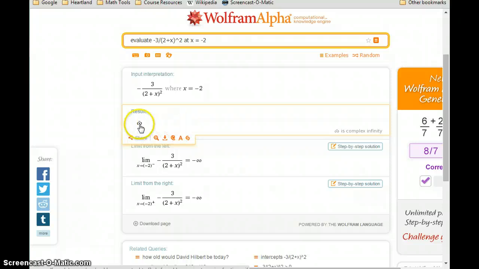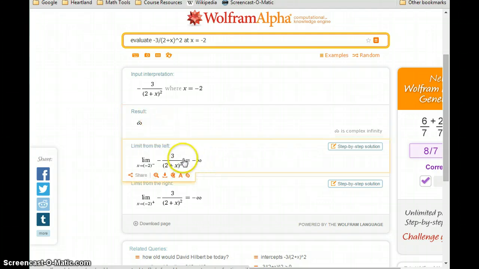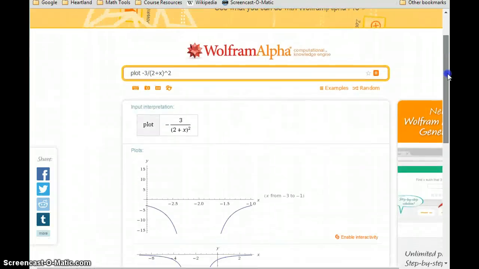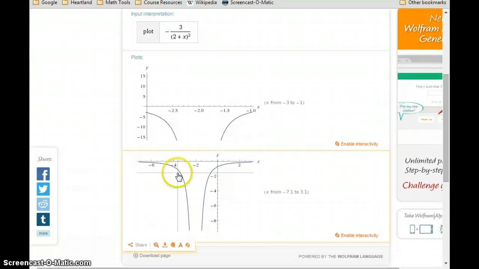Wolfram Alpha gives us this infinity with that squiggly tilde sign over the top of it. It gives us some information about the limit from the left and the limit from the right. If we look at the plot of this function, and this isn't the original function, it's our derivative function, we can see that what we have occurring at negative 2 is a vertical asymptote.